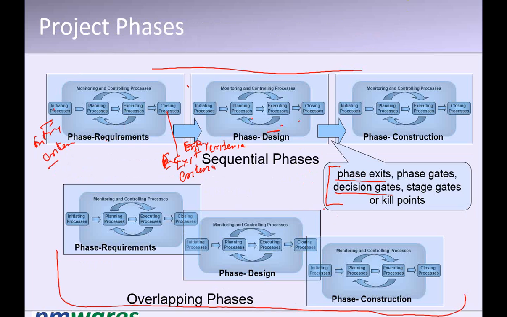So sometimes there is a call that even if the entry criteria is not fully met, maybe it's 80% met, then you can decide to go ahead, as the remaining 10-20% can also be met. So exit criteria and phase decision gates are basically to check can we start the next phase or not.